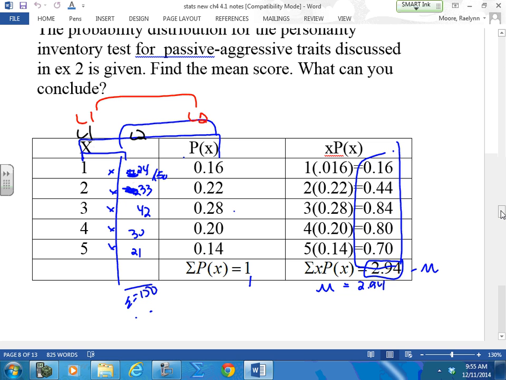Divide this by 150 first, then multiply them, add them all up. It works the same way. You're going to get the same results. So Daniel, what did you get for your mean? Okay, L2, you're going to put this column in. 24, 33, 42, 30, 21.